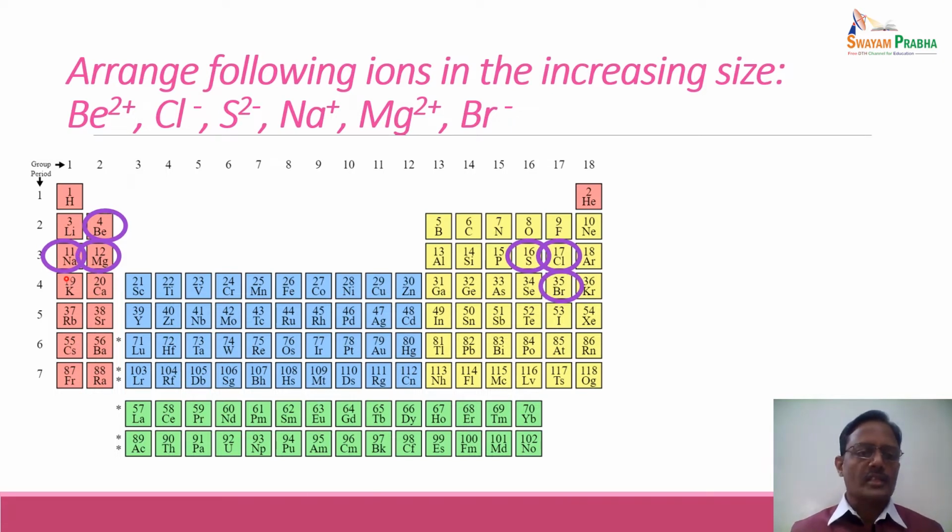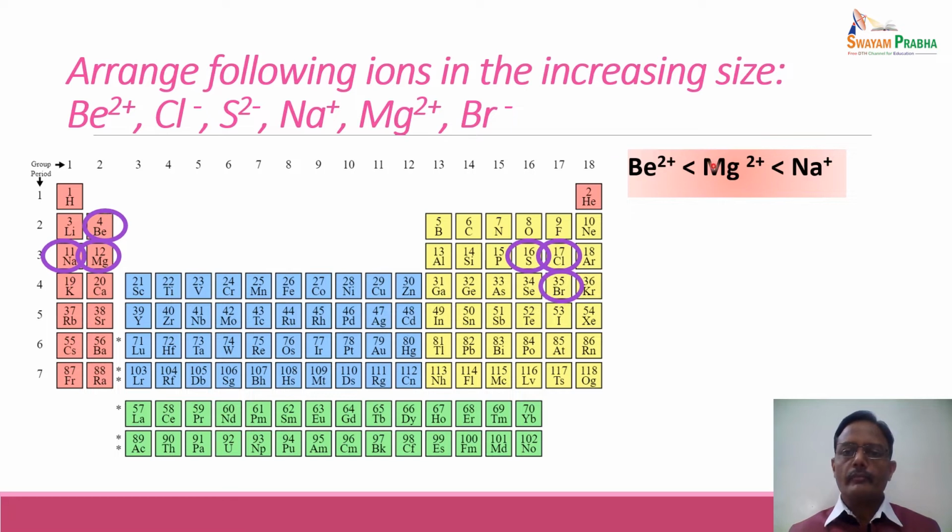In other words, Na+ is larger in size as compared to Mg2+, which is larger than Be2+. So the order of these three is Be2+ is smaller than Mg2+, which is smaller than Na+.